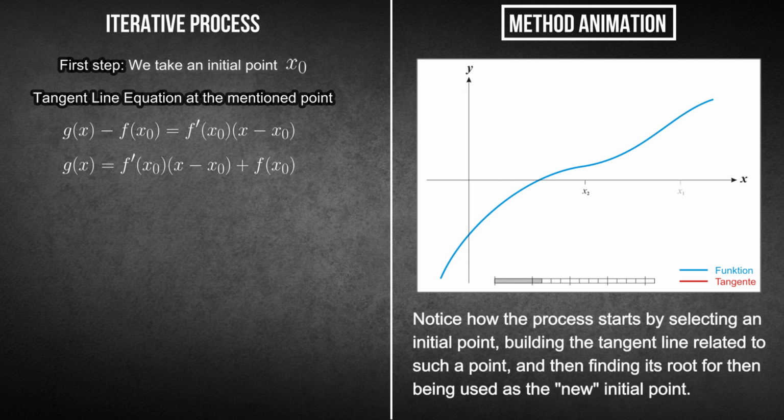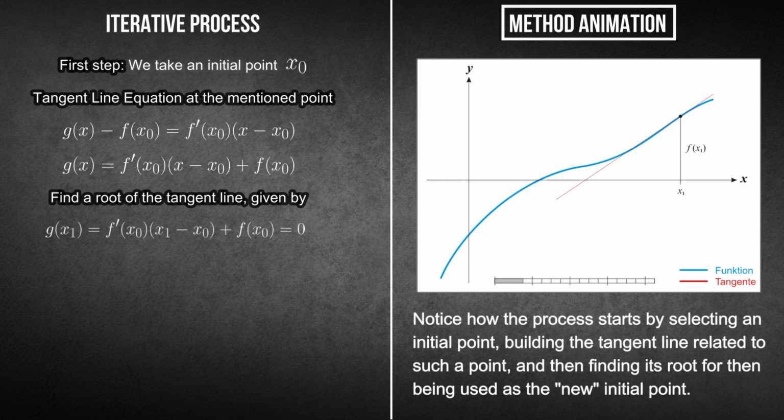In our case, we have the following result. But let's keep on working on the general case. Now, let us consider a root of this tangent line, and let us call it x1. Now, as this is a root of the tangent line, then g(x1) must be 0.